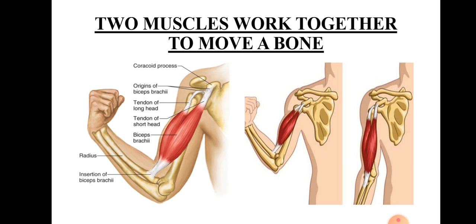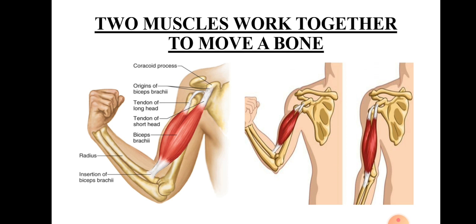So there are three types of muscles. Then, the muscles' working system. Muscles move body parts by contracting and then relaxing. Muscles can pull bones, but they cannot push them back to the original position.